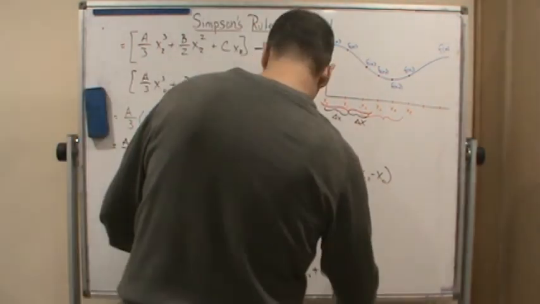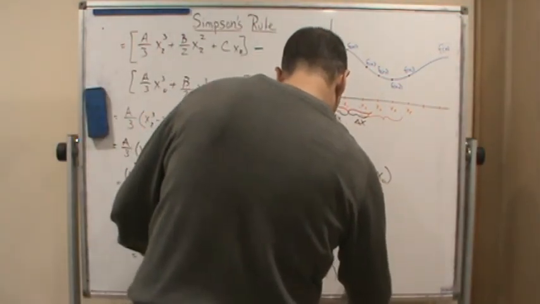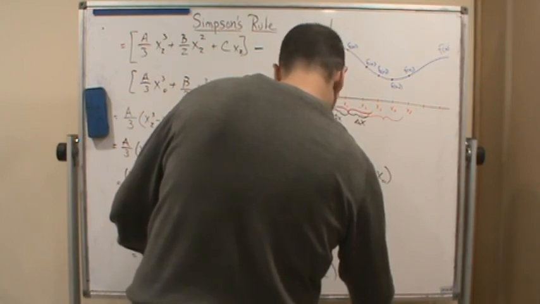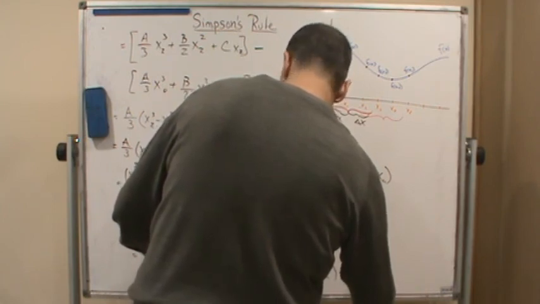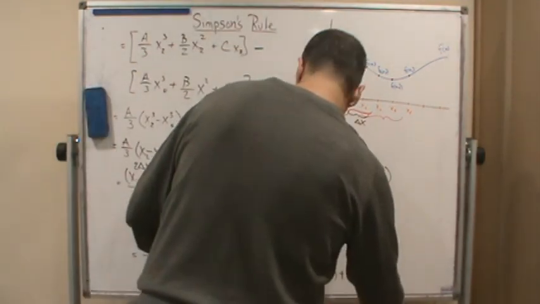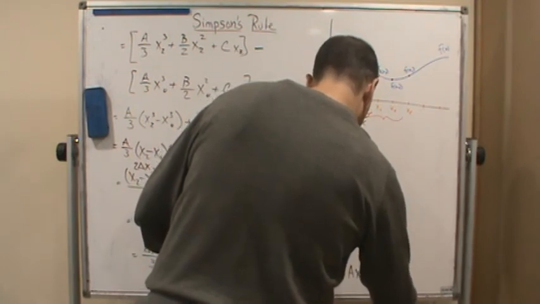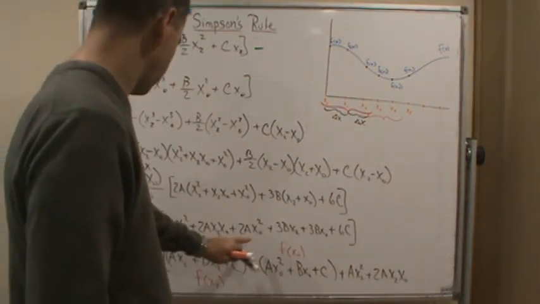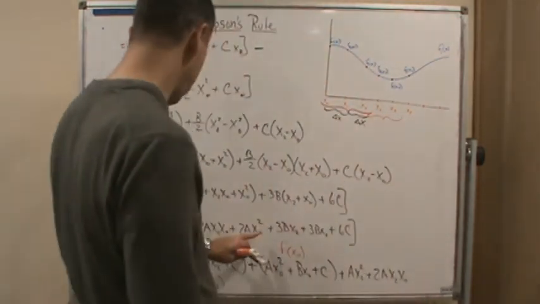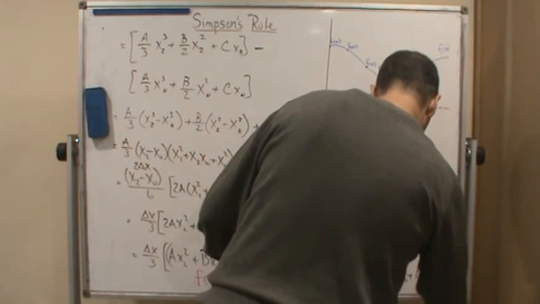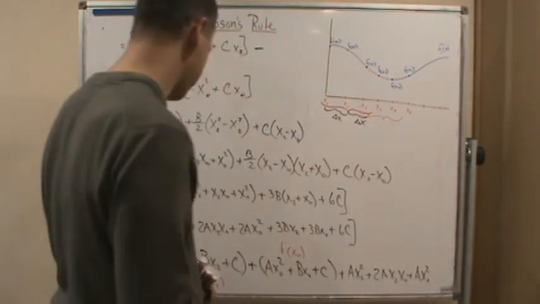So we got a x2 squared plus 2a x2 x0 plus one of these, a x0 squared.